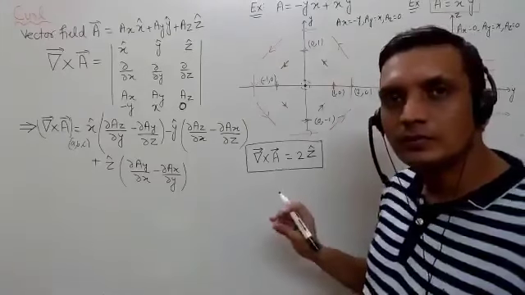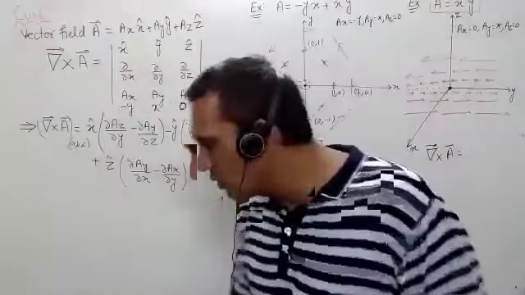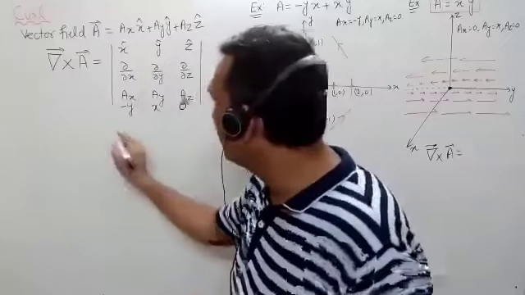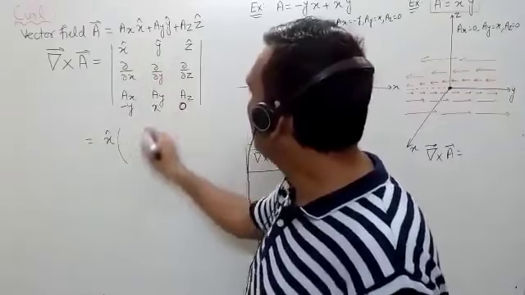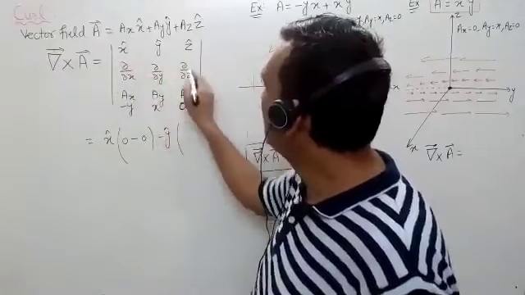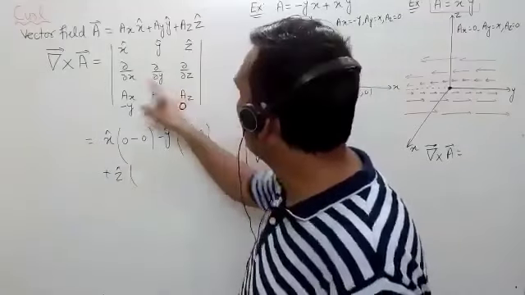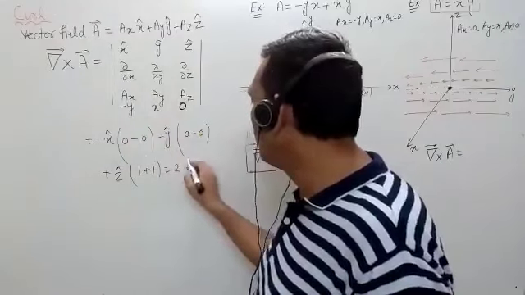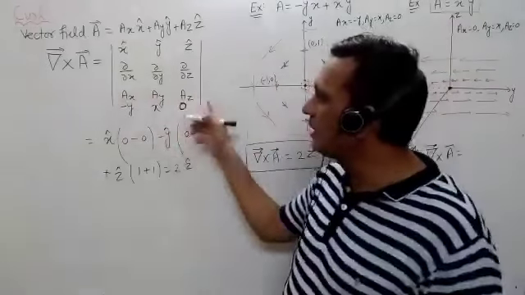Yes, del cross A is equal to Z cap. How, sir? Substitute in this. You can do this. Substitute here and see what happens. What will the x cap component be? 0 minus 0. What will the minus y cap component be? 0 minus 0. Now see, what will the z cap component be? If you take the z cap component, this becomes 1, and with the minus sign this also becomes 1. That is 2Z cap. Just substitute AX, AY, AZ. I have written it here. In this formula, substitute it, expand it.